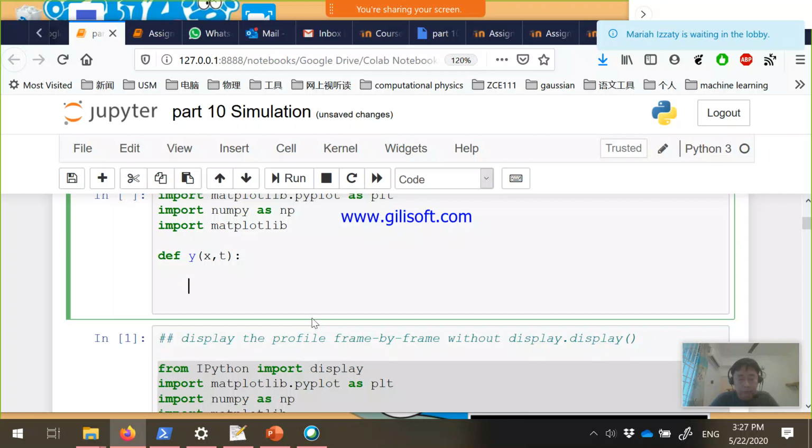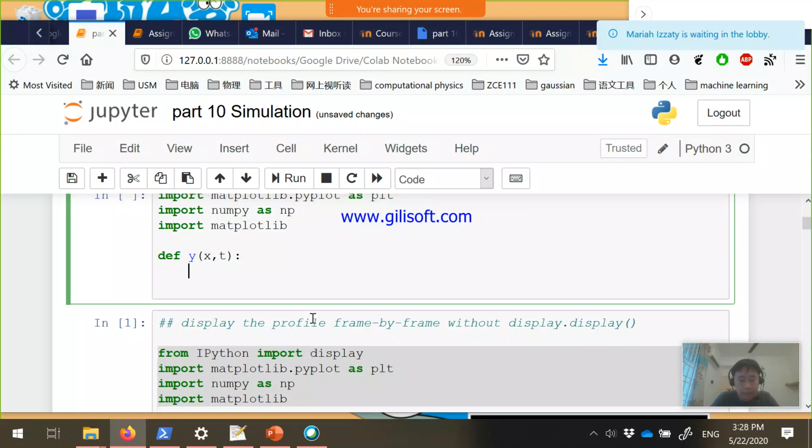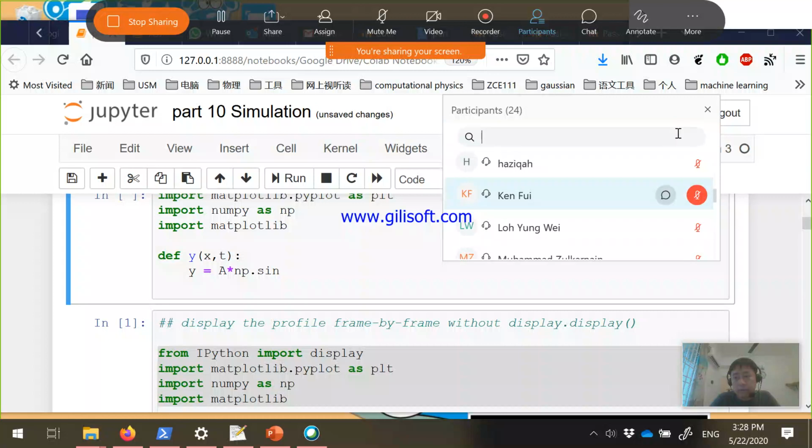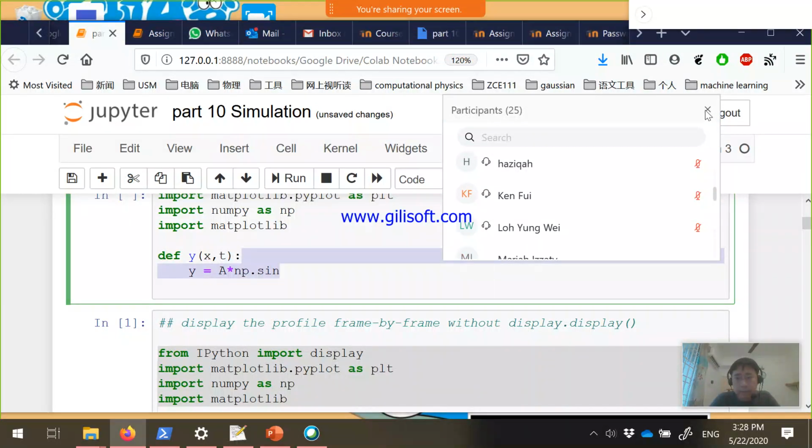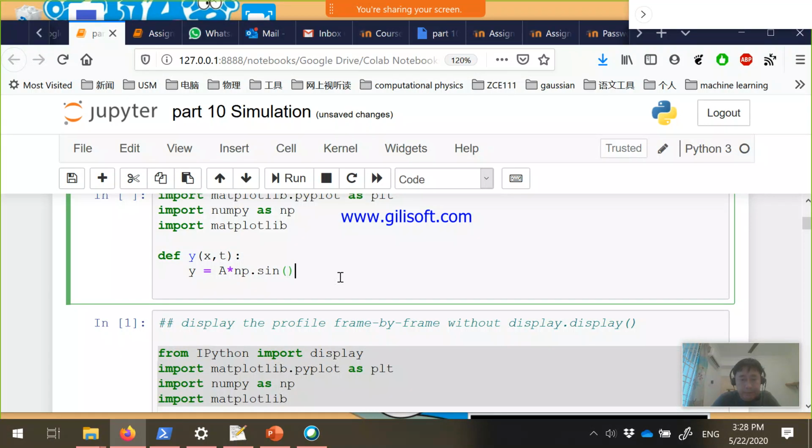Your wave has to be y equals a times np.sin of k times x minus omega times t plus phi.